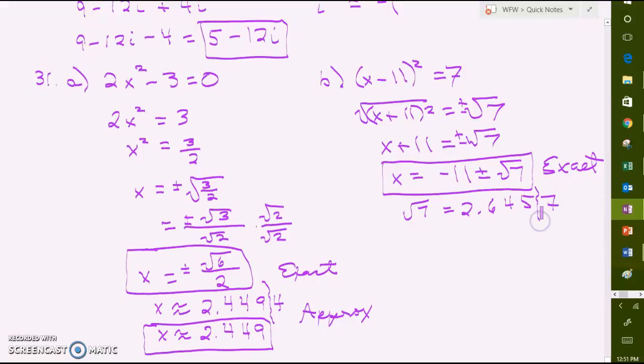Draw our line, look to the right, since it's greater than or equal to 5, that makes this round up, and then we can discard that, so we have 2.646 for our square root of 7, but x equals negative 11 plus square root of 7, well, let me write it 2.646.